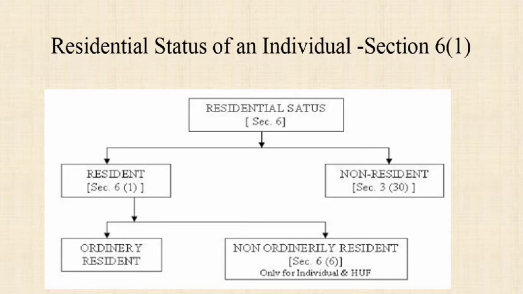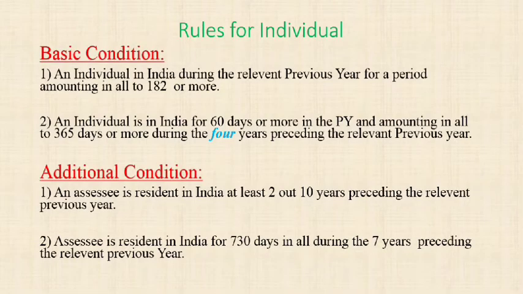Residential status of an individual is calculated based on the number of days he or she is present or has stayed in India. Based on that only we find out whether he is a resident and ordinary resident, or not ordinary resident, or non-resident.